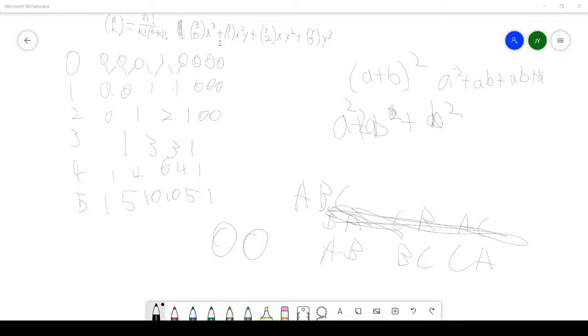So let's look at the formula of combinations and permutations again. We went over this in the previous video, but to show them again, combinations are n choose r, n factorial over r factorial times n minus r factorial.